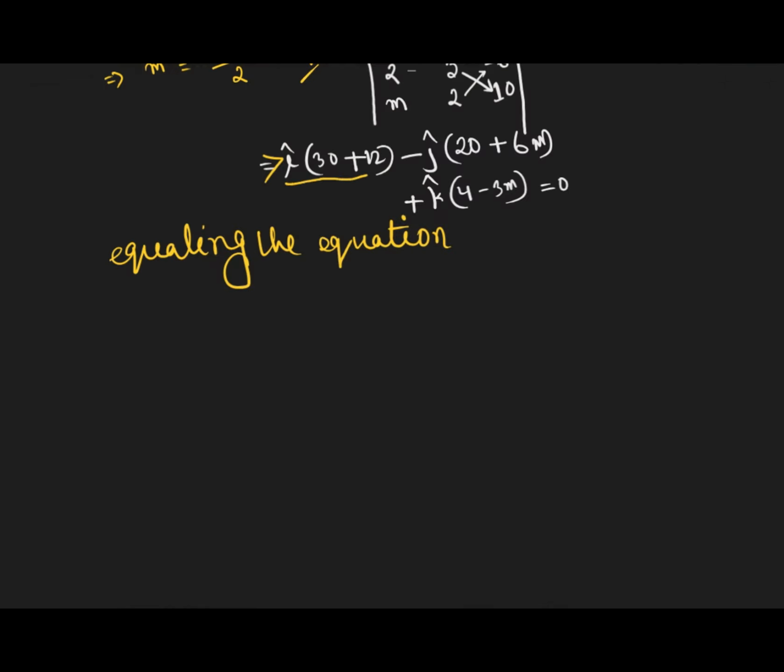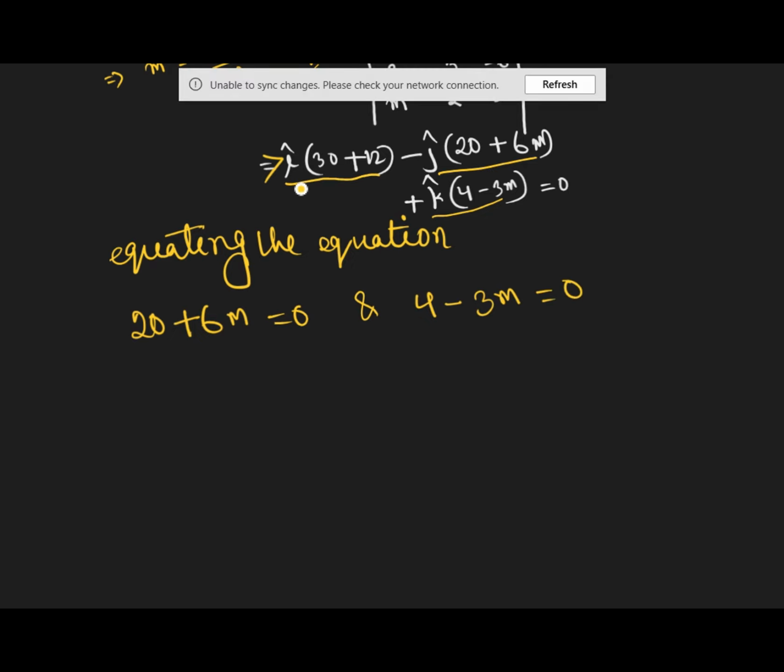It means this part as well as this part is equal to 0. Now equating, it means 20 plus 6m is equal to 0, and of course 4 minus 3m also equals 0.